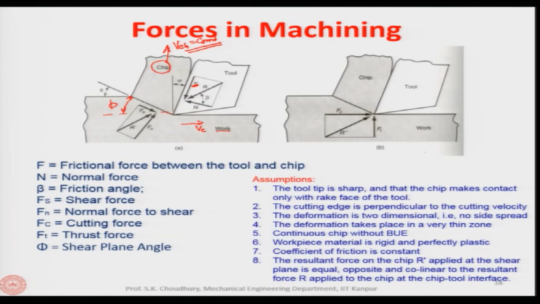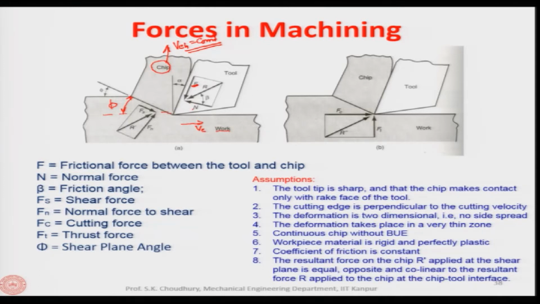So, therefore, this F, which is acting along the rake face of the tool, can be considered to be the frictional force, and this friction force is appearing because of the normal force acting on the chip from the tool side. So, F is the friction force, and N is the normal force.